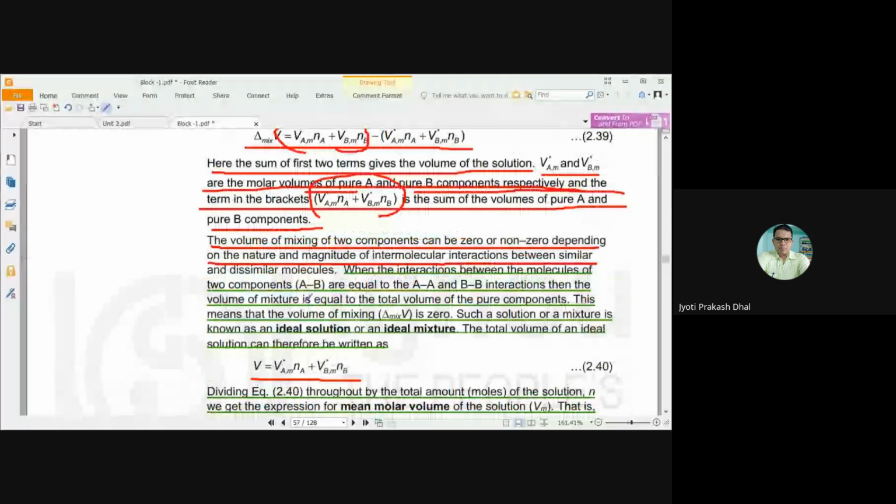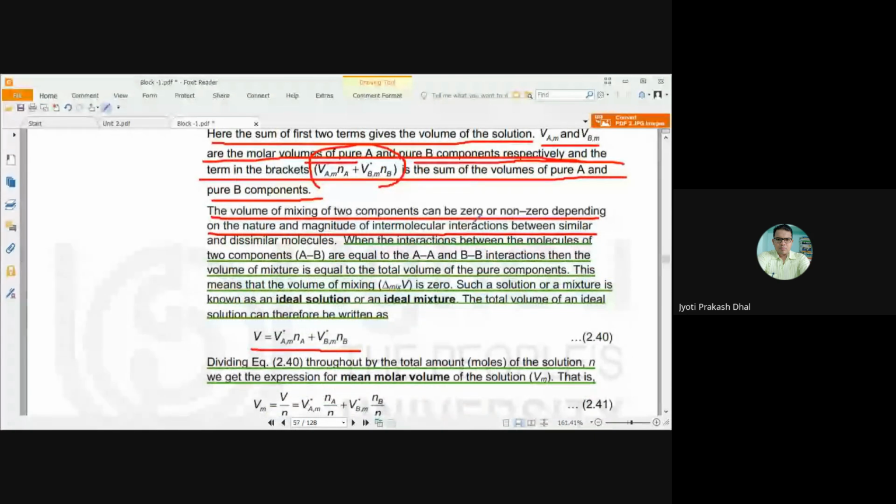So the volume of mixing of the two components can be zero or non-zero depending upon the nature and magnitude of the intermolecular interaction between them. When the interaction between the molecules of the two components A and B equals the interaction of AA and of BB, then the volume of the mixture equals the total volume of the pure components.